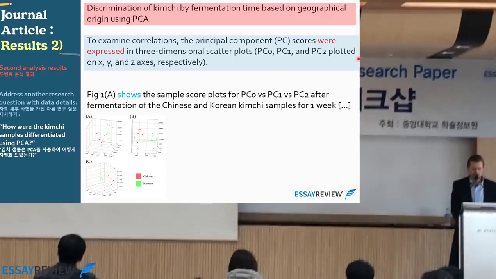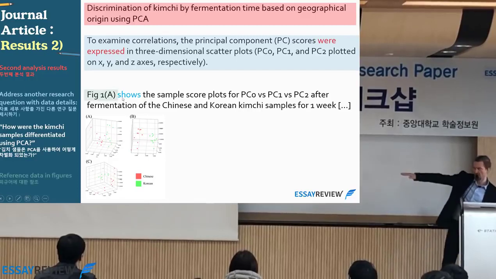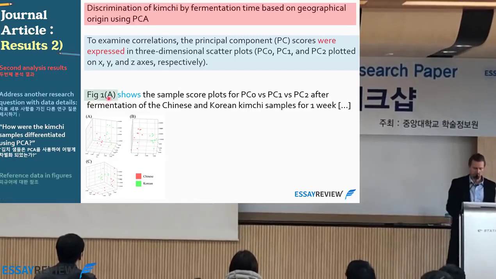And then figure 1 shows the sample score plots. And actually, they list more details in their paper, which I did not put here. But you can see they start with discussing how they analyzed the data, what they came up with, and then more details about this data.